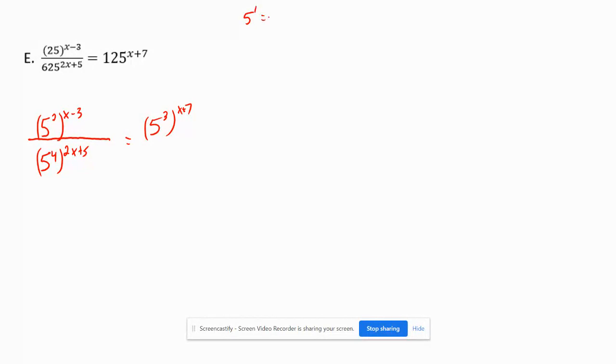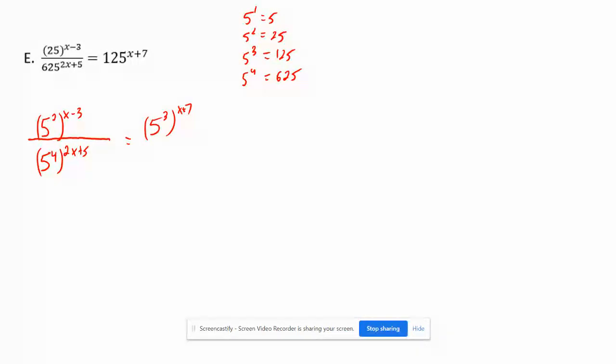So guys, 5 to the power of 1 is 5. 5 squared is 25. 5 cubed is 125. And 5 to the 4th is 625. And that's where those numbers came from over here.